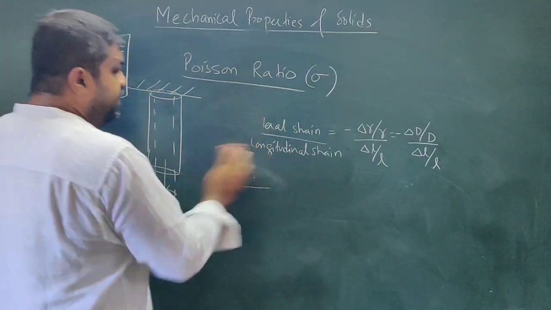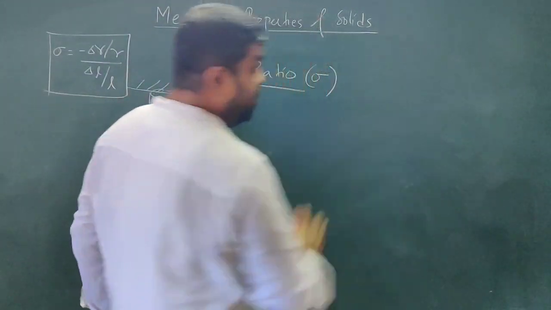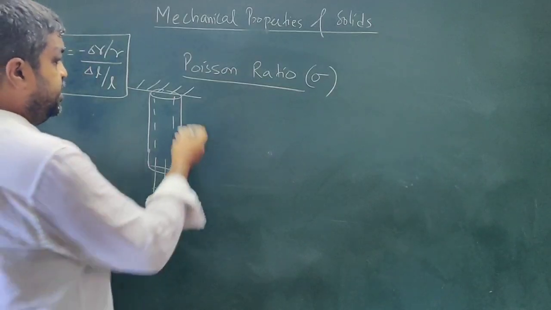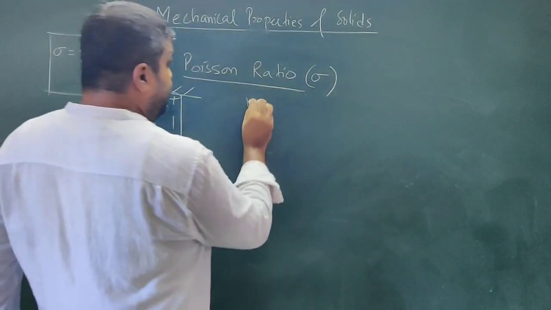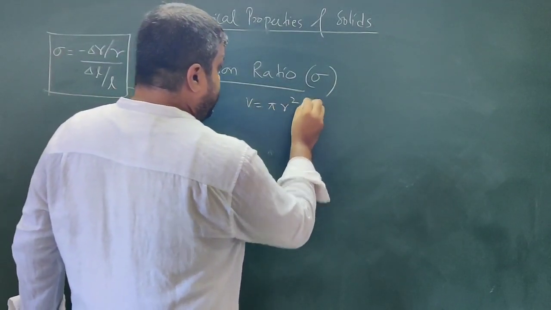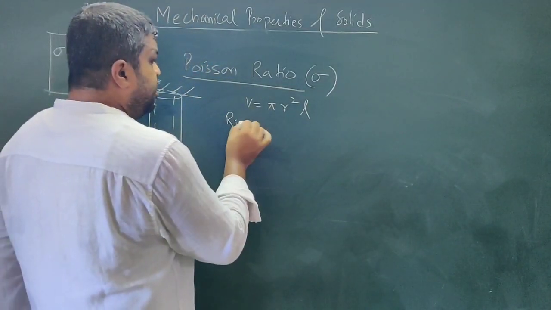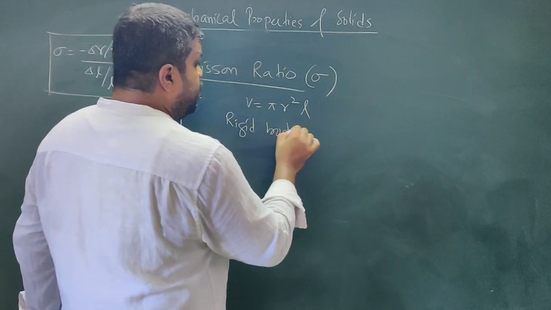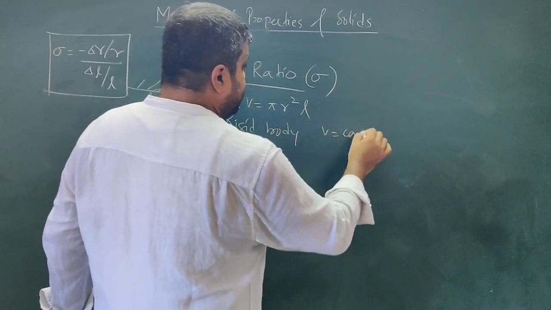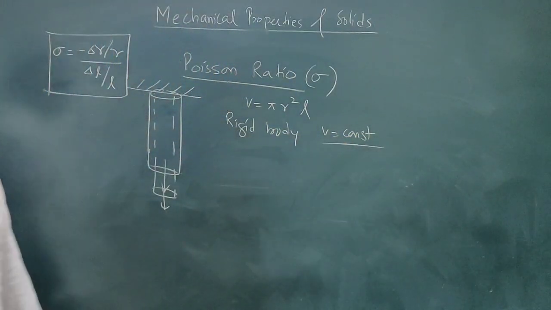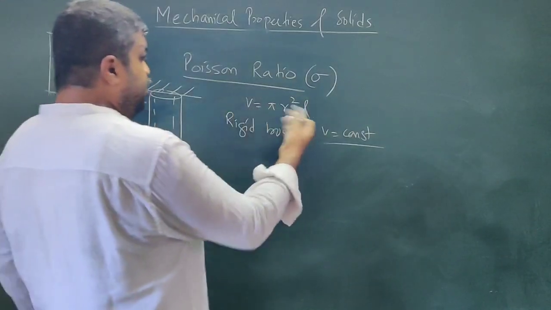Now, what happens if the body is a perfectly rigid body? Suppose this is in the form of a cylinder, so V is equal to pi R square L. If it is a perfectly rigid body, the volume is not going to change, so the volume is constant.